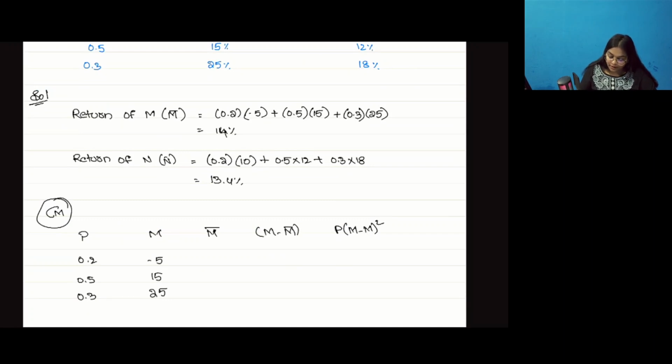M bar we have already calculated as 14%. So minus 5 minus 14 is minus 19, 15 minus 14 is 1, 25 minus 14 is 11.